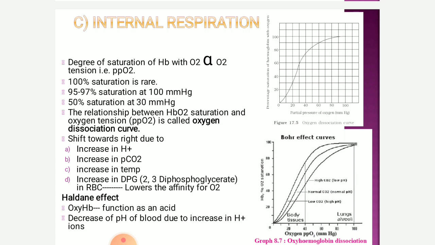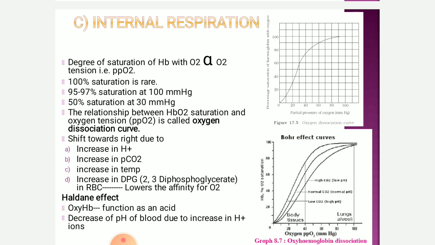Hemoglobin combines with oxygen, but the saturation depends on the concentration of oxygen. So the degree of saturation of hemoglobin with oxygen is directly proportional to the concentration of oxygen, or oxygen tension, or partial pressure of oxygen.